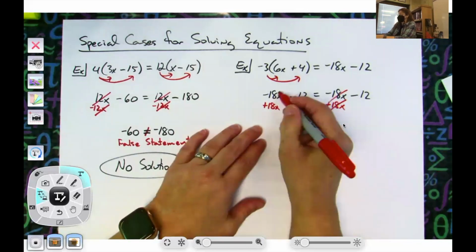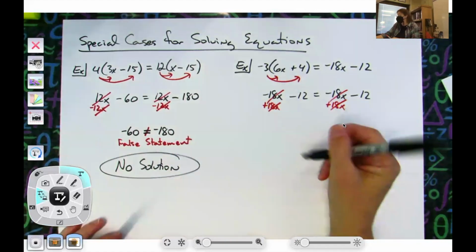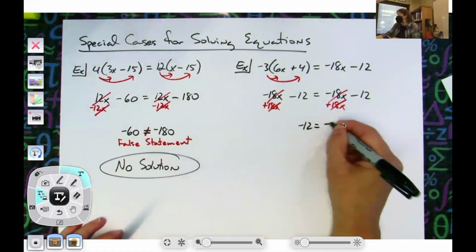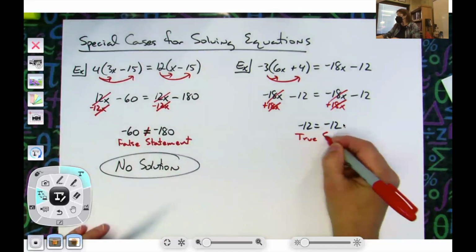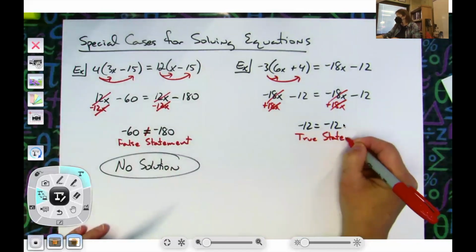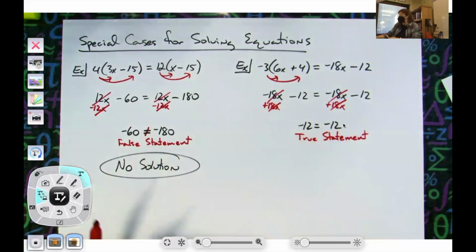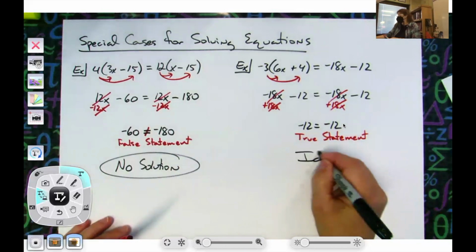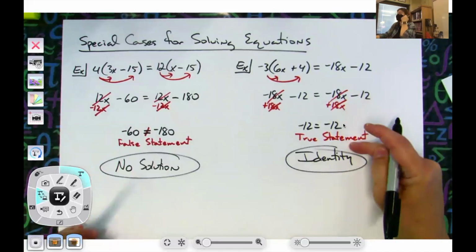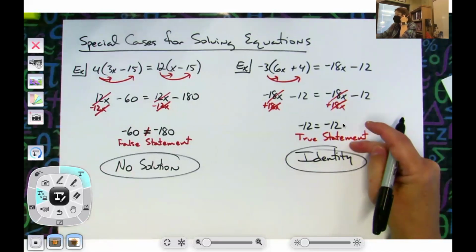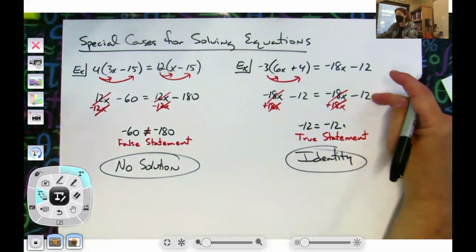And again, my x's fall out, but this time I got a true statement. Now, true statement is not the answer. You don't write down true statement. You write down identity. Now, do I have to keep doing this and go all the way down to get that true statement? No. If you recognize that it's an identity right here, you're fine.